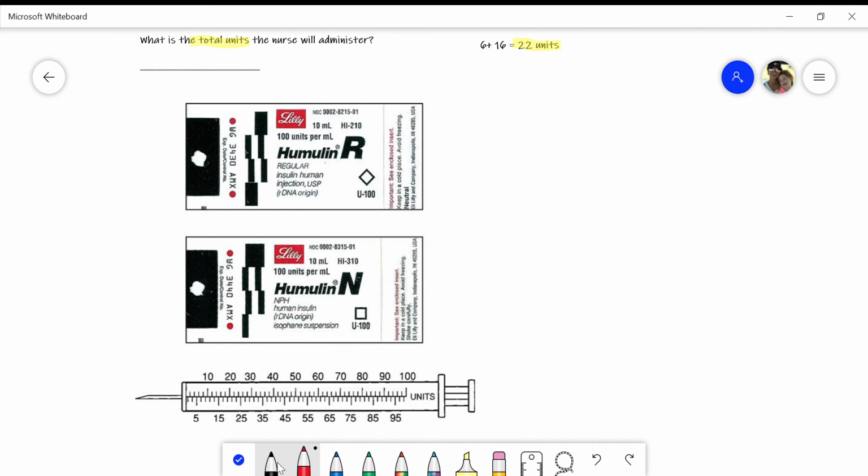So for the first 16, because you're drawing it second, is going to be NPH. Let's see, 2, 4. So, oh, this is great. Okay. So that would all be NPH. And then for the other 6 to give us 22 is going to be the regular. It's totally horribly drawn, but yeah.